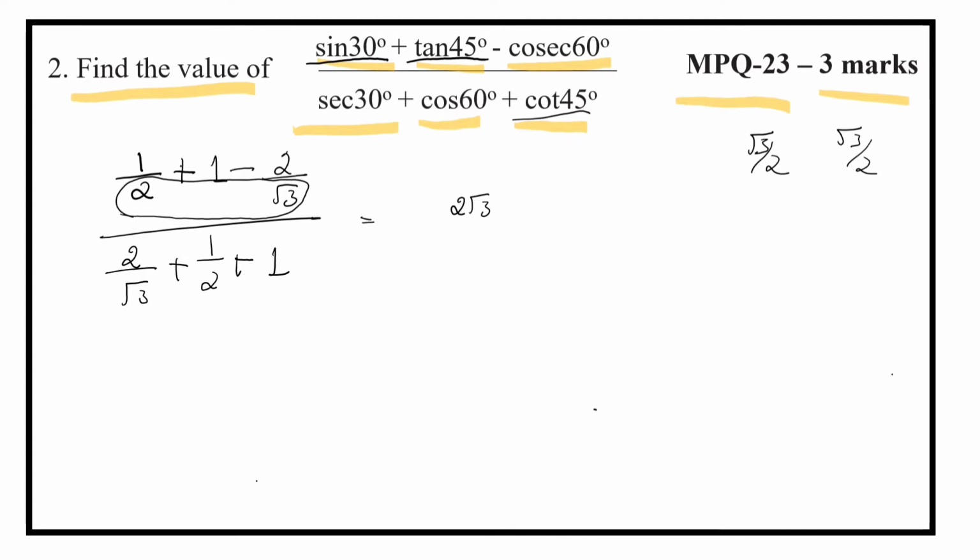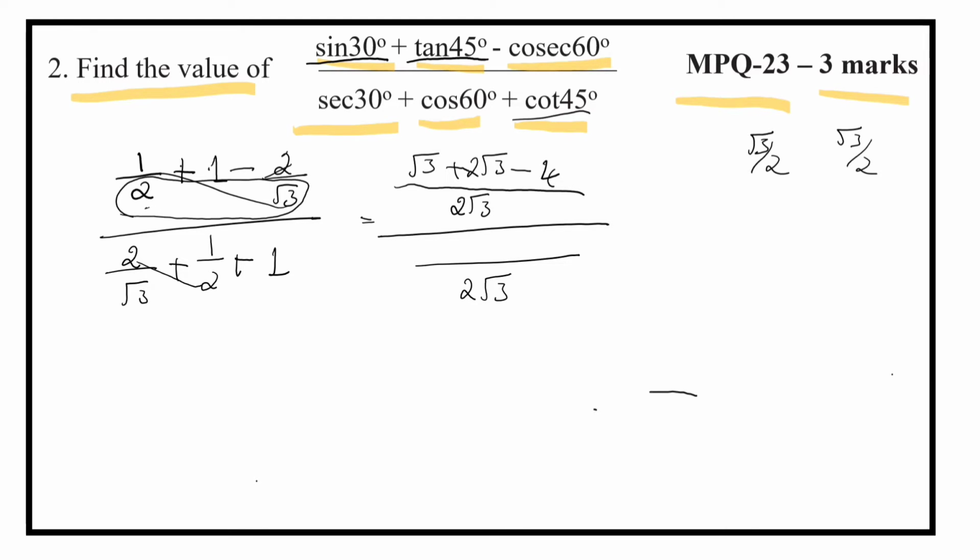Numerator: 2 root 3 plus 2 root 3 minus 2 into 2, 4. Upon, here the LCM is 2 root 3 as usual.